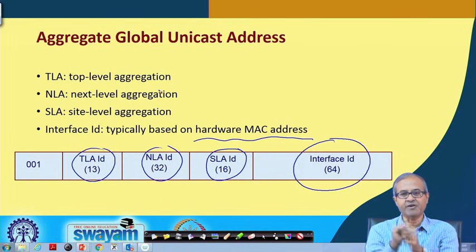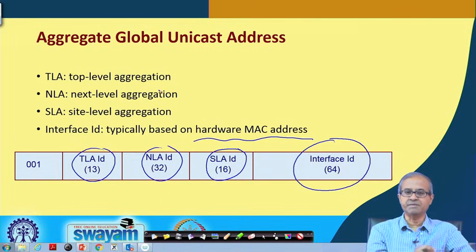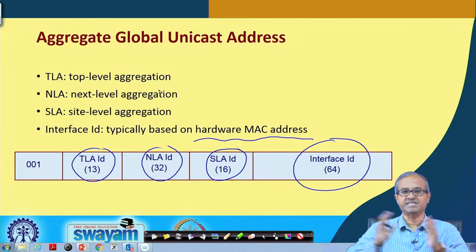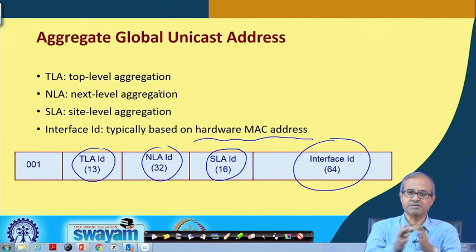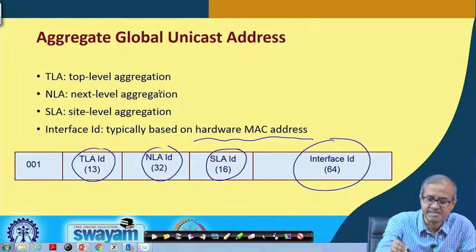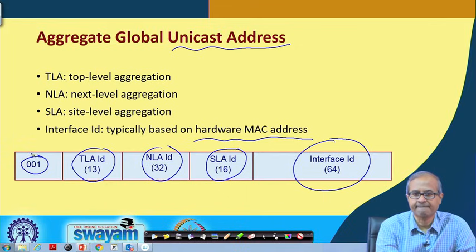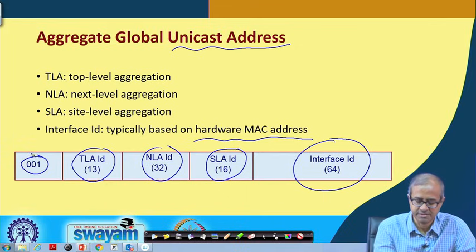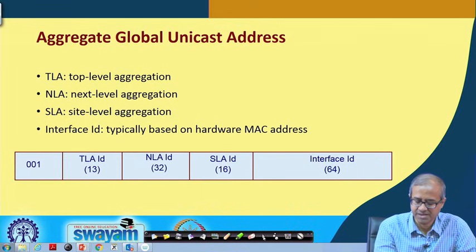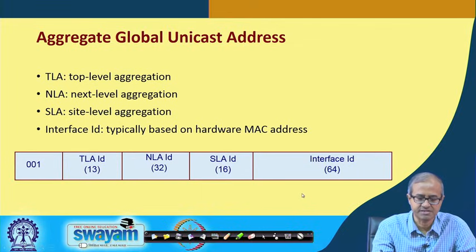The third level can provide other hierarchical information, such as state level or district level information. So, you can have this kind of hierarchical address definition, which is very flexible. Depending upon your need, you can define these fields, but if you do not want, some of these fields can be left zeros. And unicast addresses always start with 001. This is what it looks like; this is just an example I gave for a unicast address.